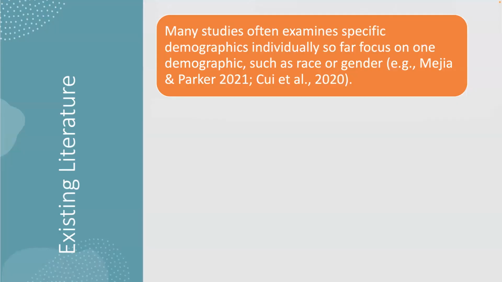When it comes to studying intersectionality, there have been numerous research efforts that explore this concept, even in online contexts. But it's worth noting that many of these studies have mainly focused on examining specific demographics individually. For example, some studies focus purely on race or gender to investigate their impacts separately.